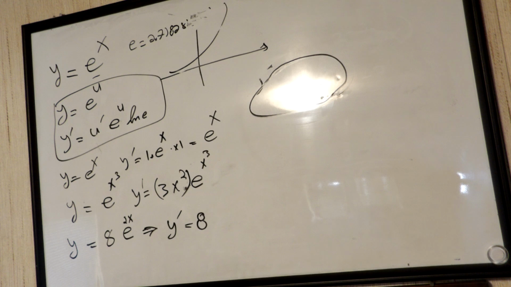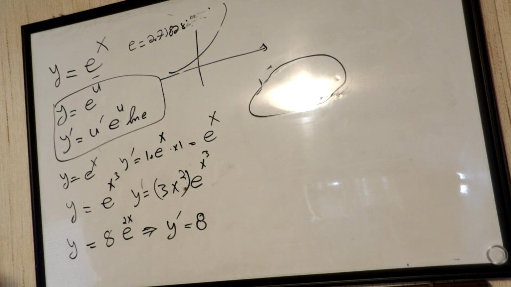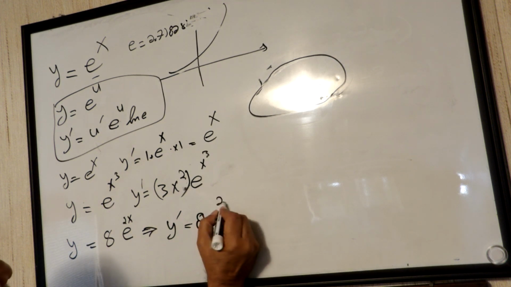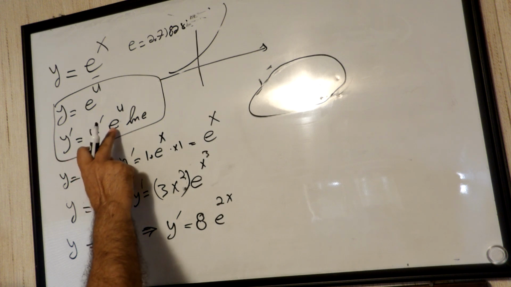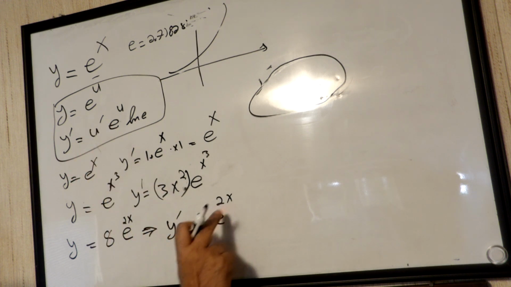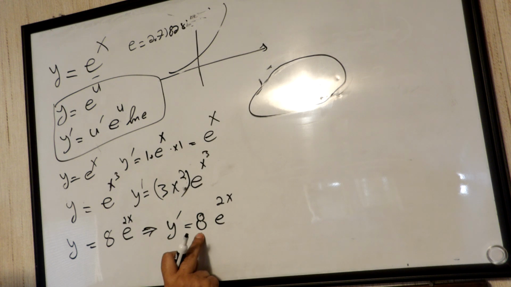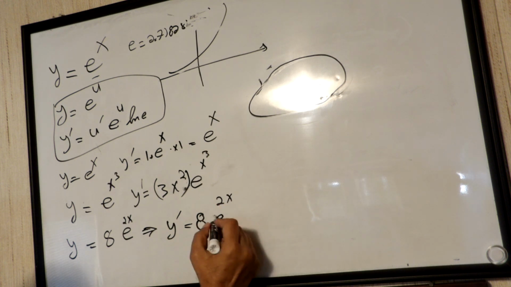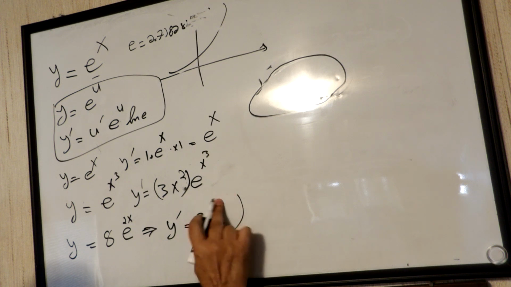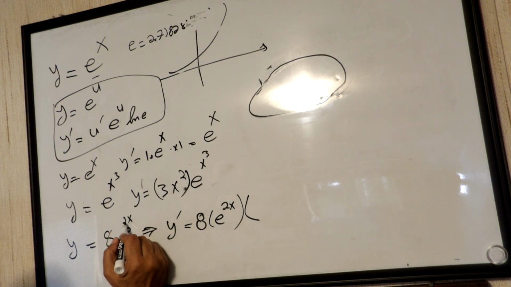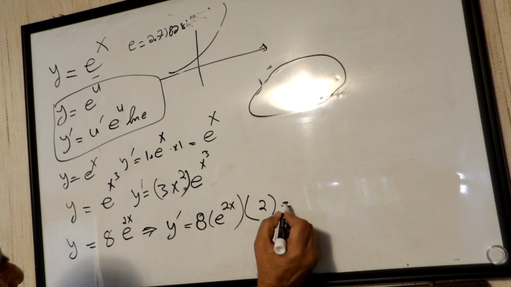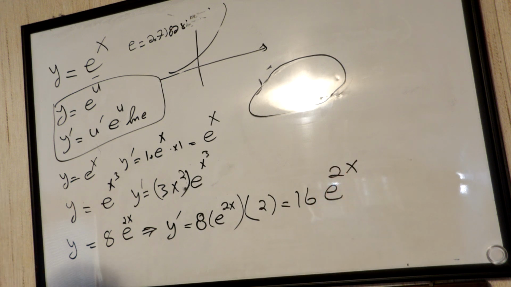You always write the constant here, and then you write e to the power of 2x, and then the derivative of this one. We write the coefficient just before that, and then times e to the power of 2x, and then times the derivative of u, u prime, which is 2. So it's going to be 16 e to the power of 2x.